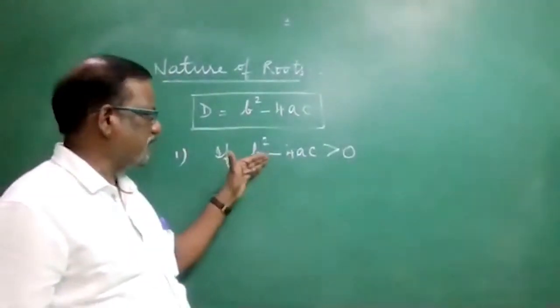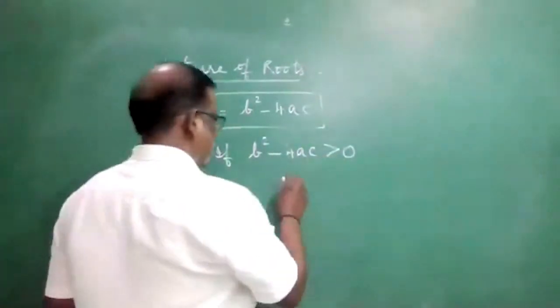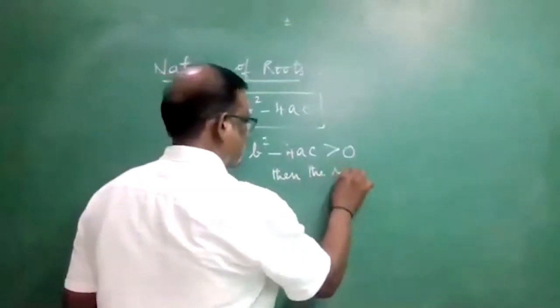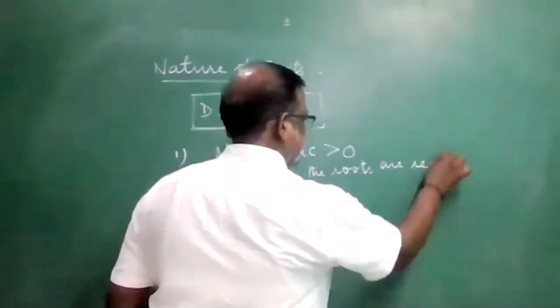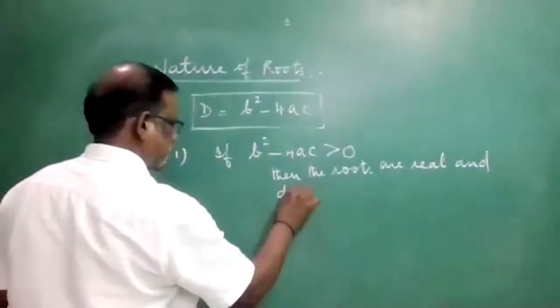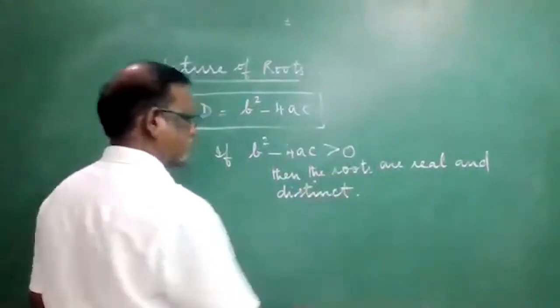So if b square minus 4ac is greater than 0, then the roots are real and distinct.